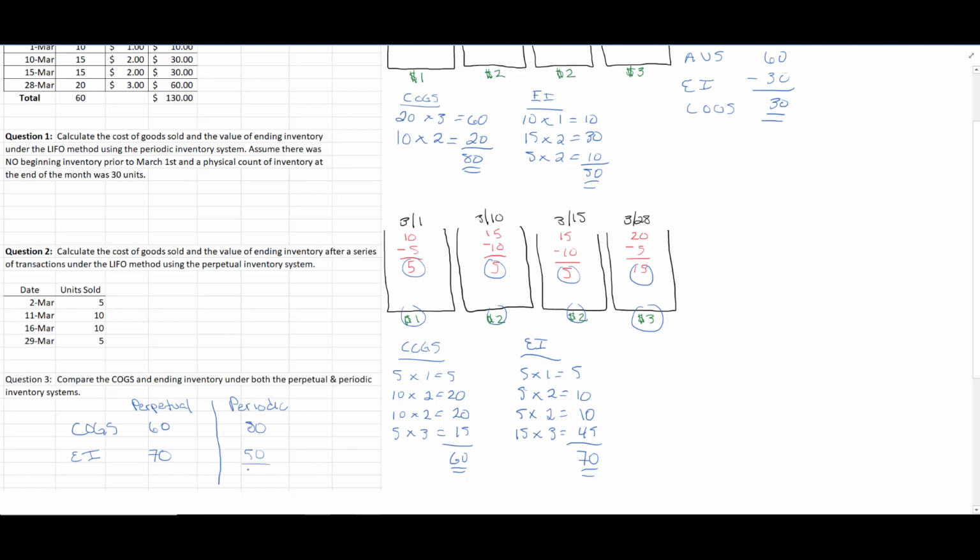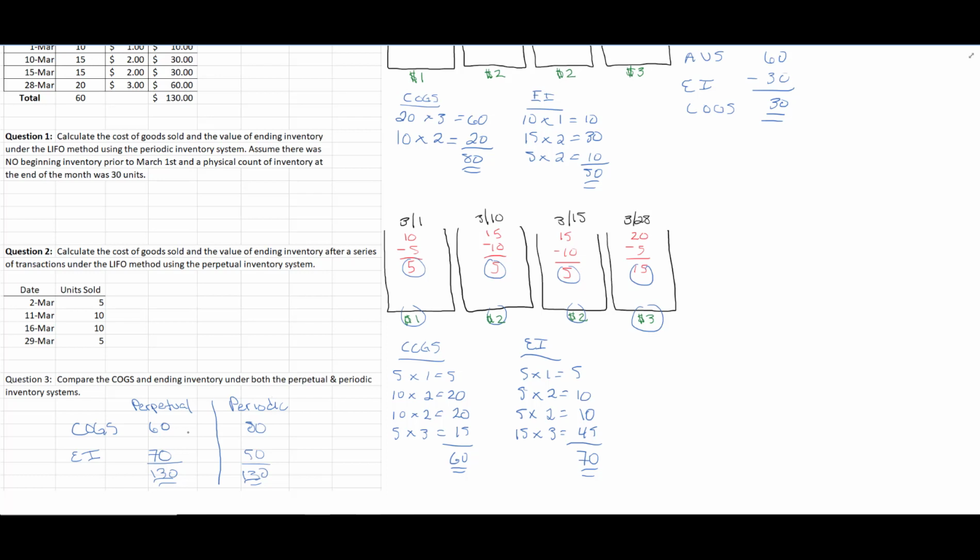So you can see that in each method, we come up with the same amount if we total up our cost of goods sold and our ending inventory, but the allocation between cost of goods sold and ending inventory is different because of how the inventory is actually sold and counted under the periodic and perpetual system.